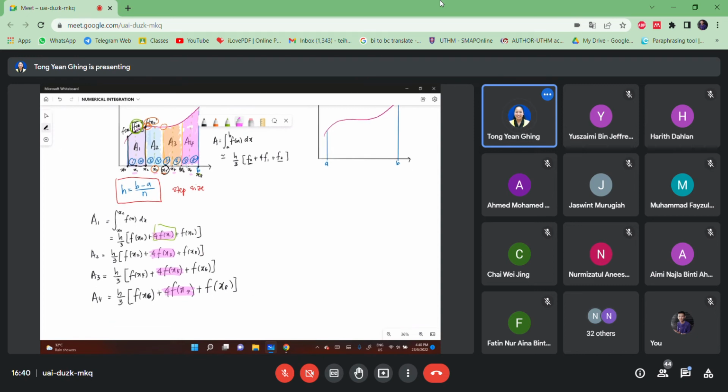And then if you look at the even numbers, they have to appear 2 times. And then this one, F4, appears 2 times.